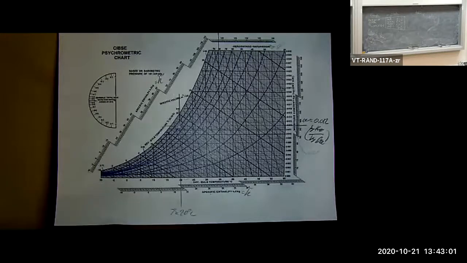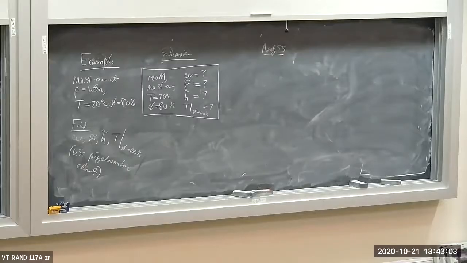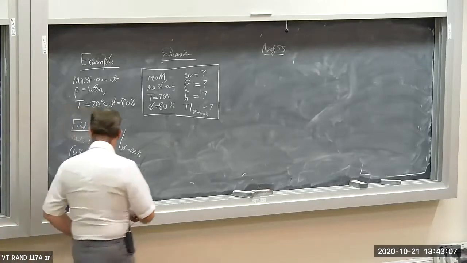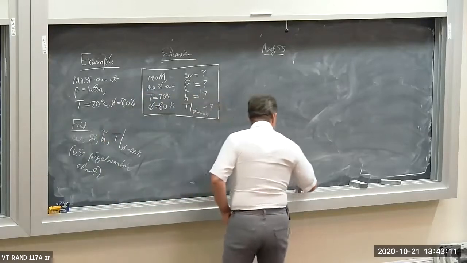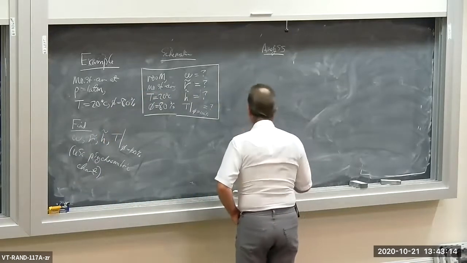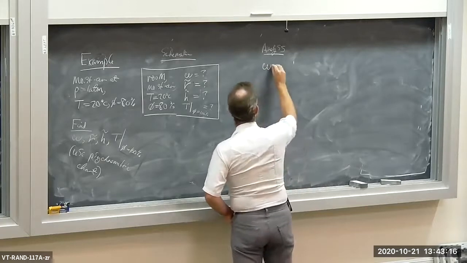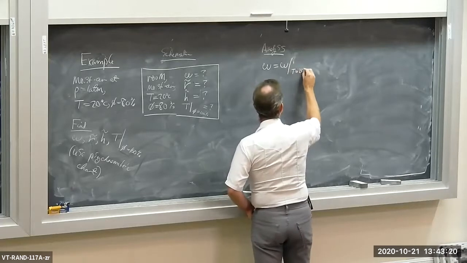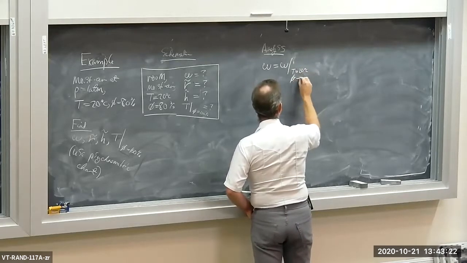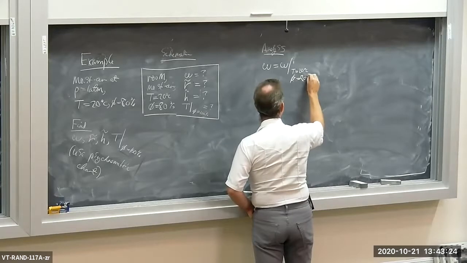Okay, so let's write the absolute humidity then. I know what that is. So, analysis. The absolute humidity is evaluated at 20 degrees C and a relative humidity of 80%.